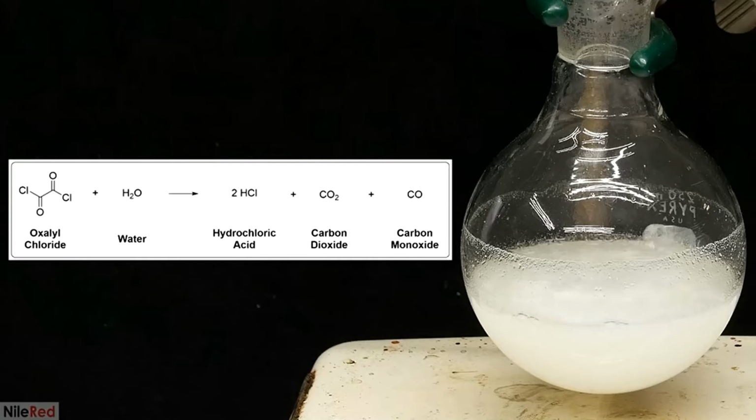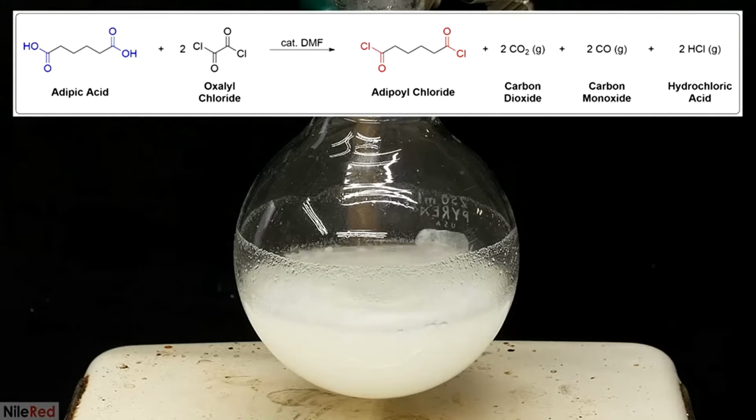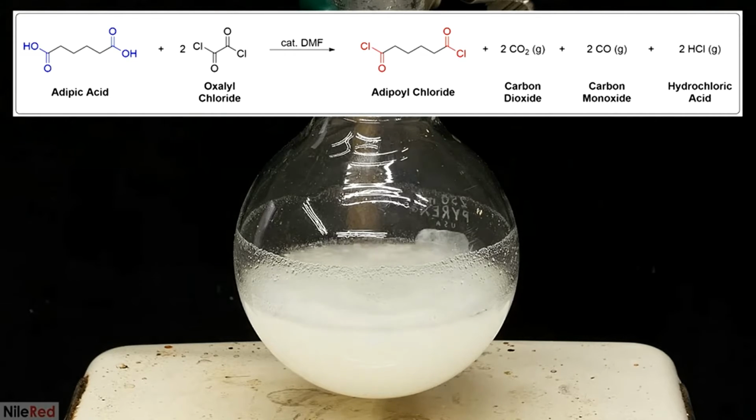Anyway, as I said, the initial reaction is just with water, which produces hydrochloric acid gas, carbon monoxide, and carbon dioxide. Once it reacts with most of the water and gets rid of it, it will start to do what we actually want it to do, which is react with the adipic acid. When it does, it will convert carboxylic acid groups to acyl chlorides and lead to the formation of adipoyl chloride.